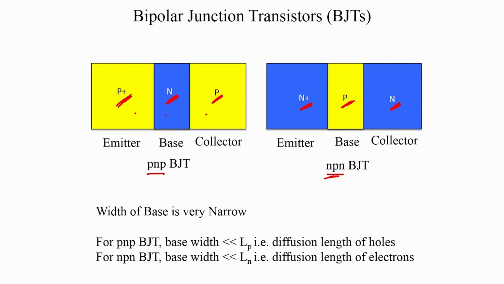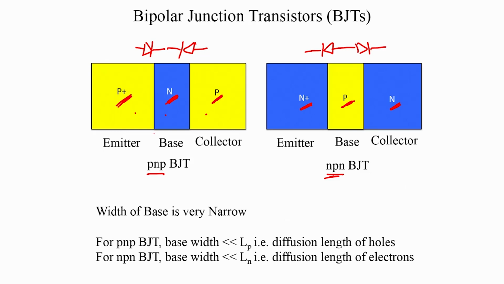Okay. So, in some sense it might look like these are two diodes, right. It might look like these are two diodes. So, it might look like this, but there is a significant difference. Okay.